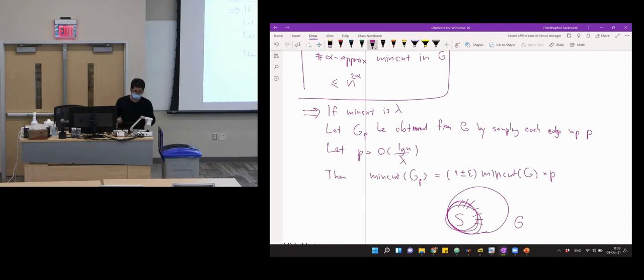Normally it would if your expectation is at least log n, right? Because when your expectation is at least log n and the random variable comes from independently sampling things, then you can use the Chernoff bound.